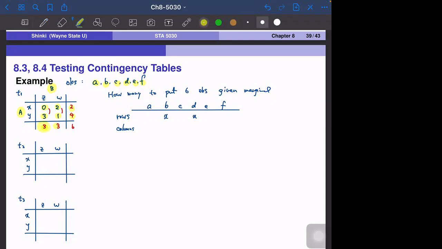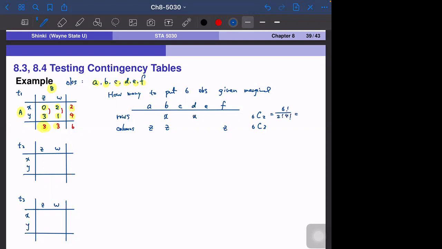So maybe this is z, and this is z. So 2 out of 4 for rows. That is the combination of 6 choose 2, the number of ways to assign the 2 x's. And the second one, 6 choose 3, the number of ways to assign the 3 z's. And 6 choose 2 is 6 factorial over 2 factorial, 4 factorial.